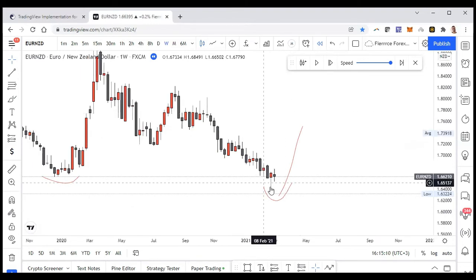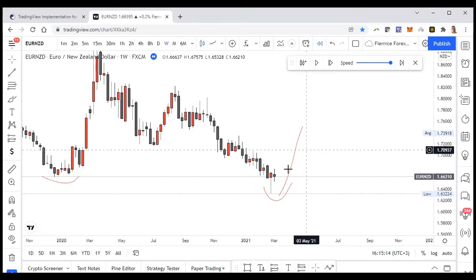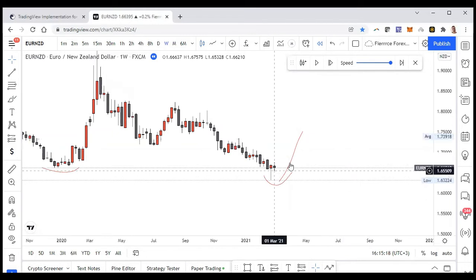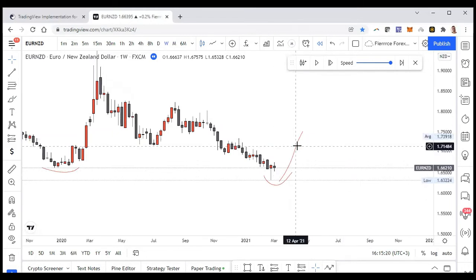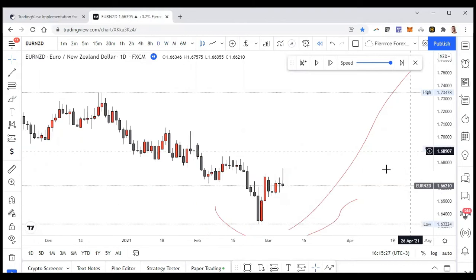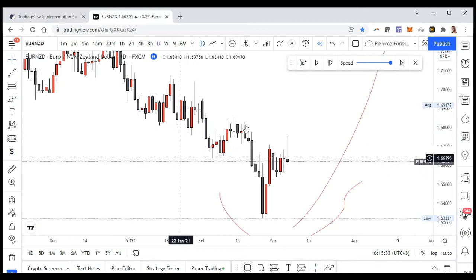Now, what I would do, okay, would be to look at what would be the potential, because my bias right now is bullish, okay, but I would want maybe a confirmation. So maybe let's say I go on the daily. Now, when I go on the daily, I'm seeing a pretty interesting thing happening, okay?